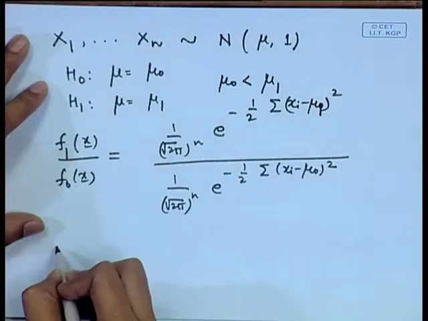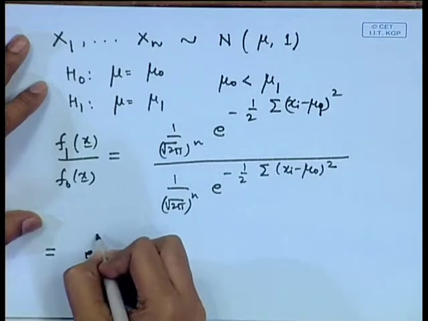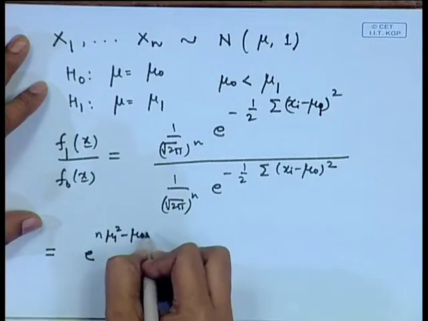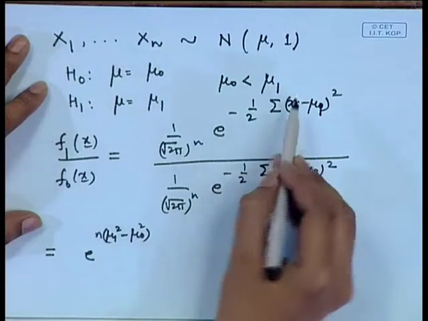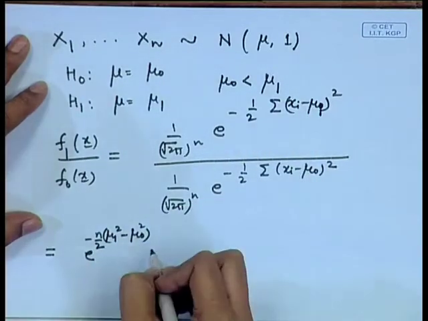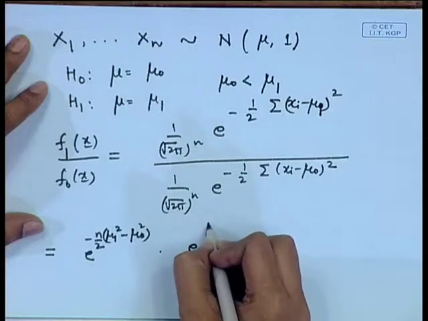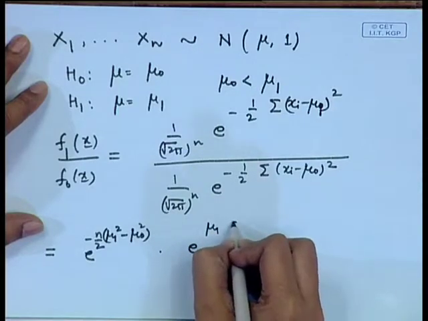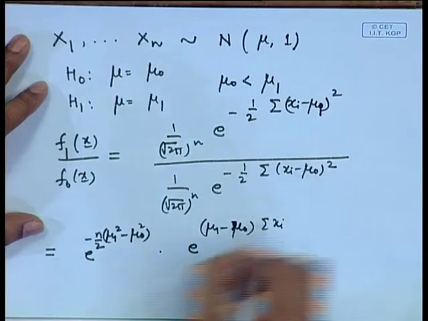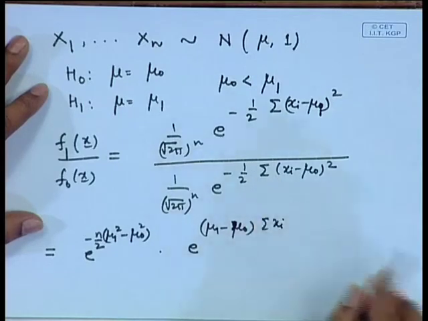So, after simplification, this term becomes e to the power minus n mu 1 square minus mu naught square, e to the power mu 1 minus mu naught sigma x i. Remaining terms get cancelled out here.